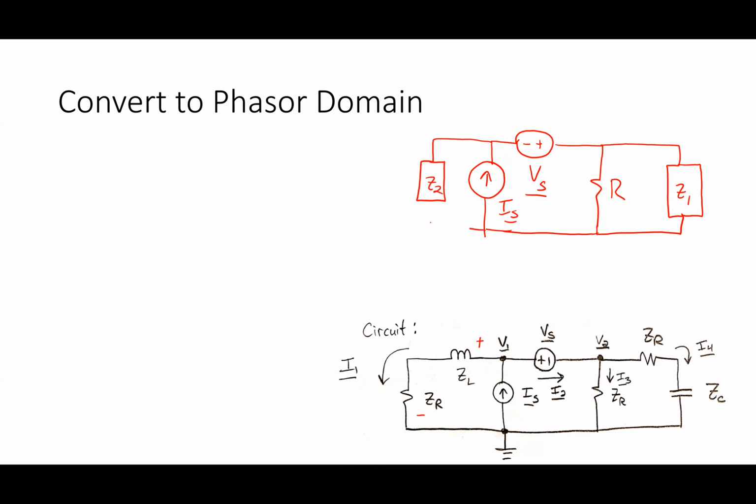What I've done is I've lumped the inductor and resistor and the resistor and capacitor together because they're in series with each other. There's just one term there. So that makes it a little bit easier for me, at least, to think about this. This is V2, this is V1, and this is VS.